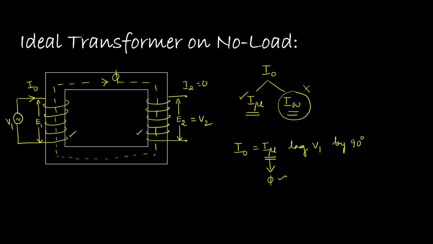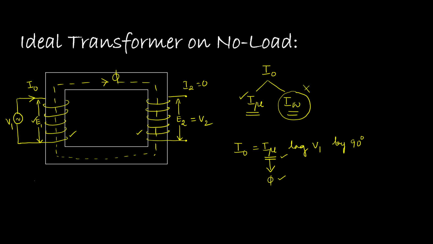And then what happens? This magnetizing component of current I mu will produce the flux phi. So that means this flux as well as the magnetizing component of current should be placed in phase with each other in the phasor diagram. Okay, so the flux phi and the magnetizing component of current are in phase.